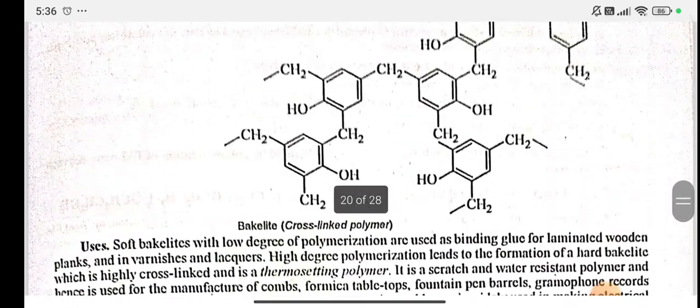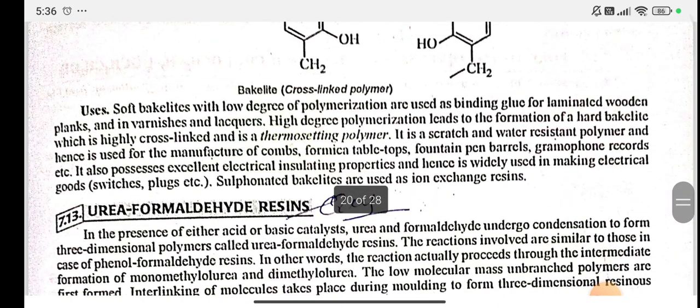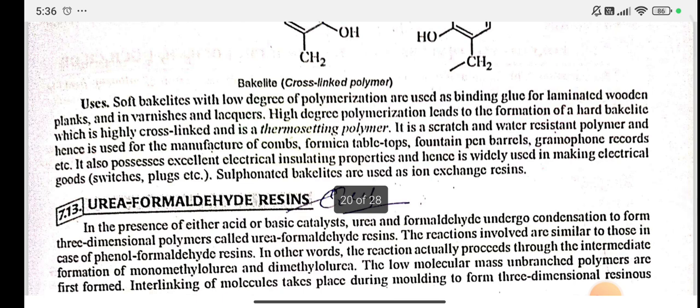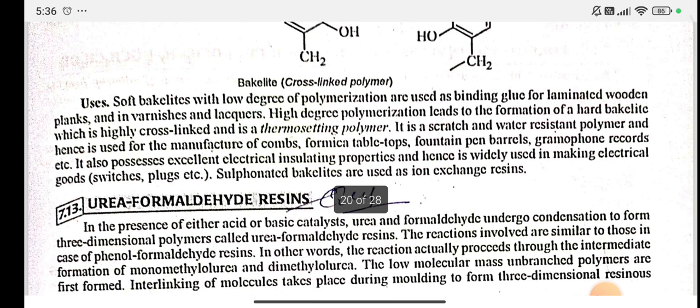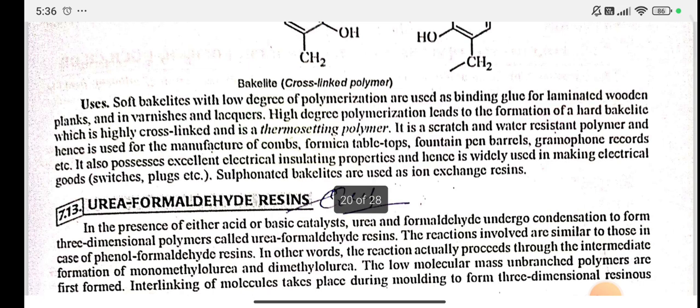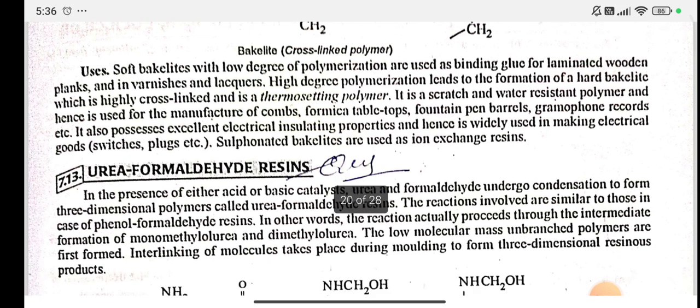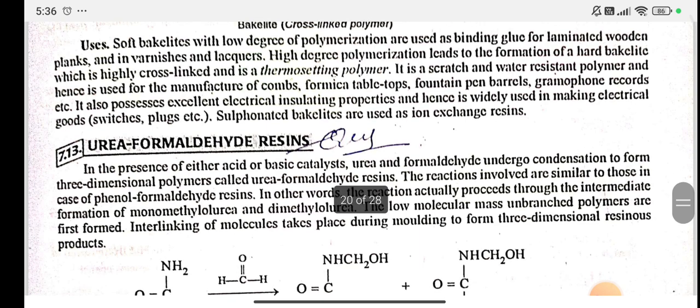Soft Bakelites with a low degree of polymerization are used as binding glue for laminated wooden planks and in varnishes and lacquers. High degree polymerization leads to the formation of hard Bakelite, which is a highly cross-linked thermosetting polymer.